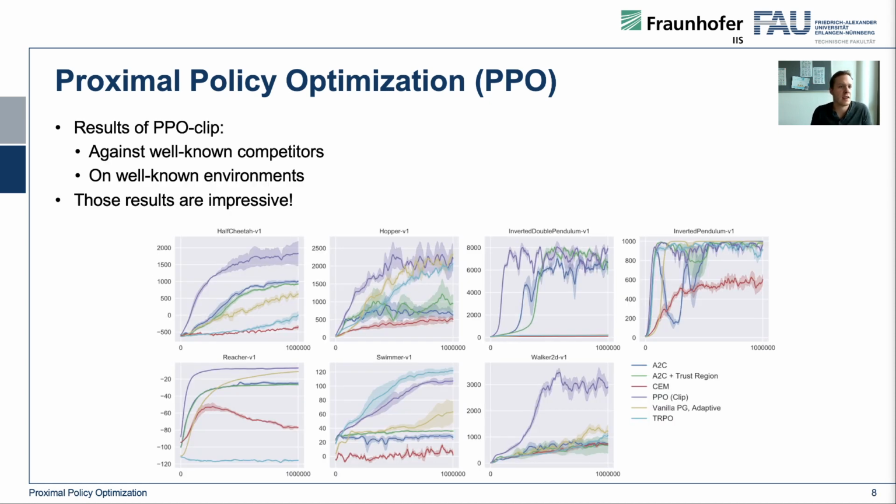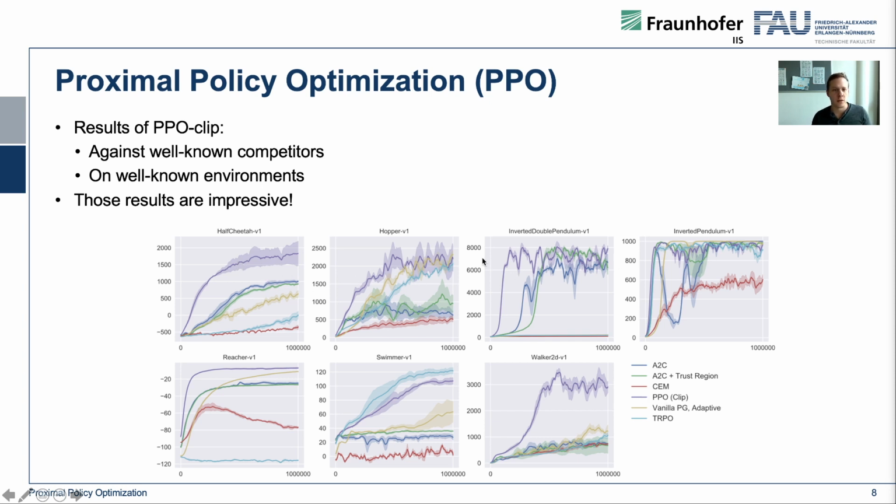And what you see is that if you apply PPO clip to some well-known MuJoCo robotics tasks and compare it to other well-known algorithms from that area, PPO clip performs really decently on a number of tasks.